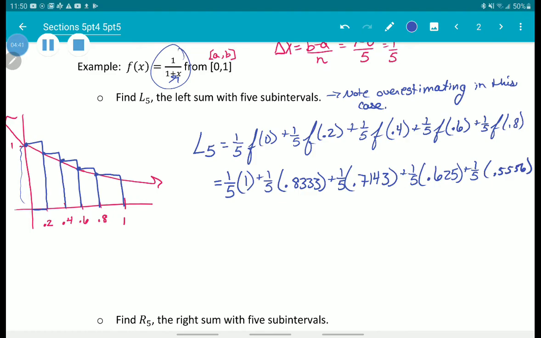So now I just have to type that in. And my left sum is approximately 0.7456.